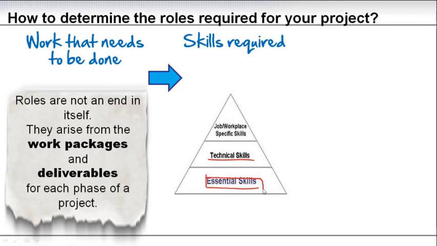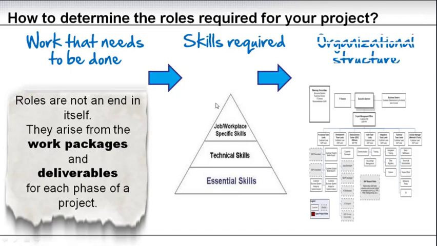What you end up with is sometimes technically very capable people, but they're unable to communicate, to get the buy-in, to get the information and output they need from other users on the project, or they get disconnected from the harmony of the team. So we really need to look at the essential skills and the technical skills. How do you want the interlink between your different members? And that brings us to the last part, which is the organizational structure.